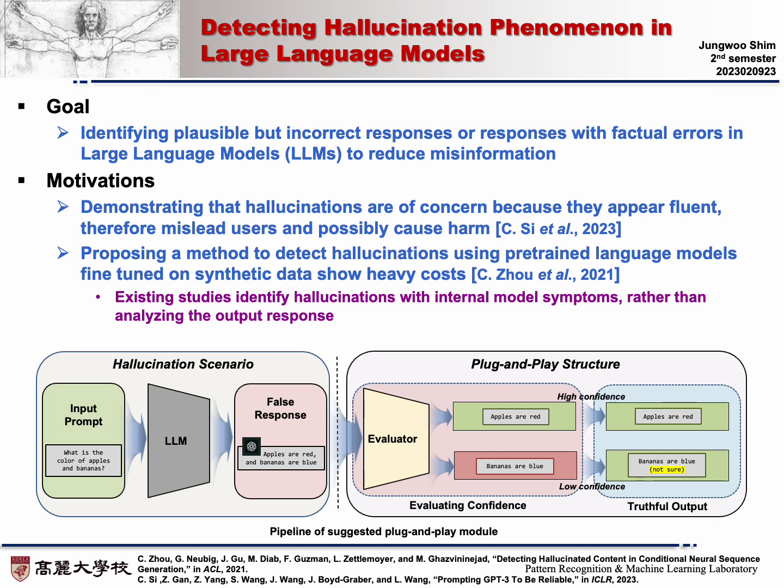With the plug-and-play structure I propose, we can evaluate this response and determine its confidence. The high confidence for correct facts and low confidence for hallucinations, enabling users to discern the accuracy of the information they receive. In the following slides, I'll delve deeper into the key papers that have influenced this research and paved the way for my approach.